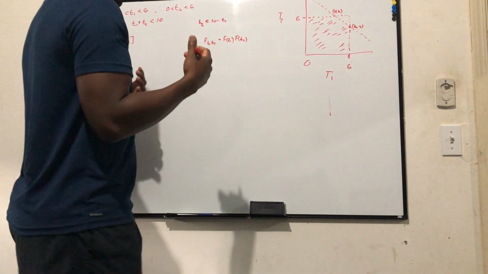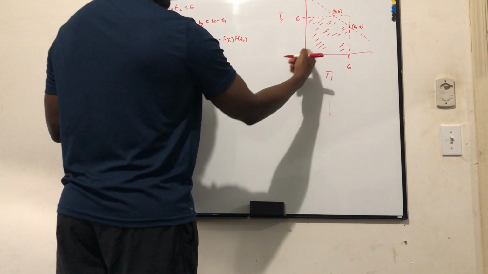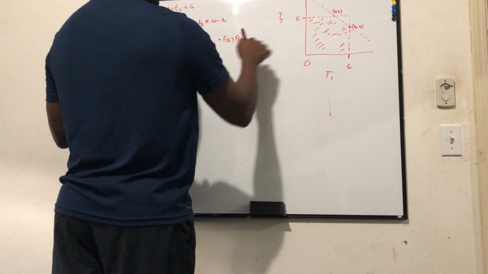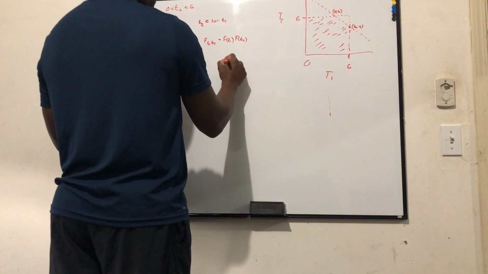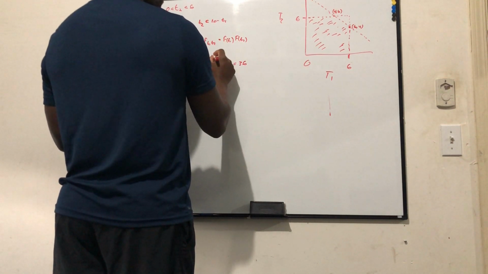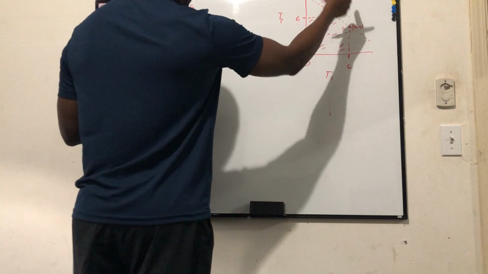Now, we haven't really got that. What we do have is this area of the square, and that would be 6 times 6, which is 36. But we have this other piece that we have to take out.